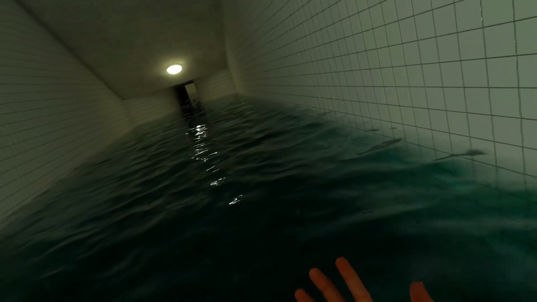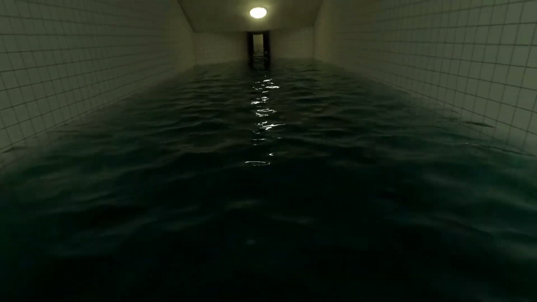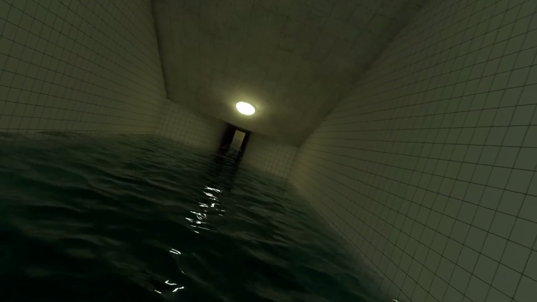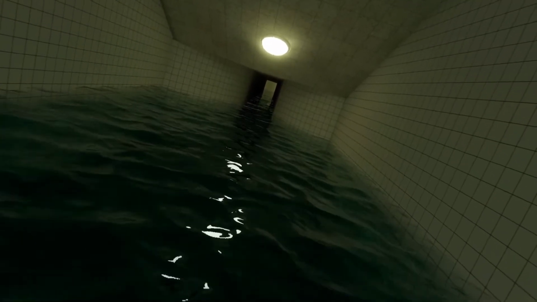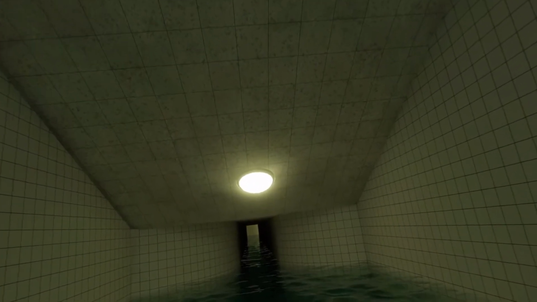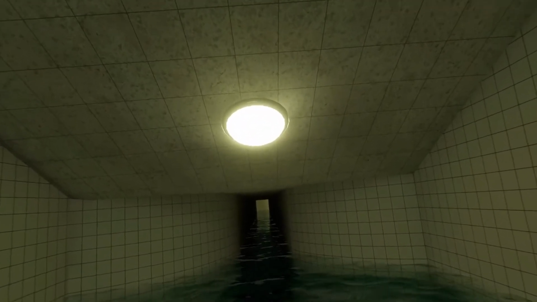This is not as inviting with the water levels being so high and the space before me so narrow and dark.